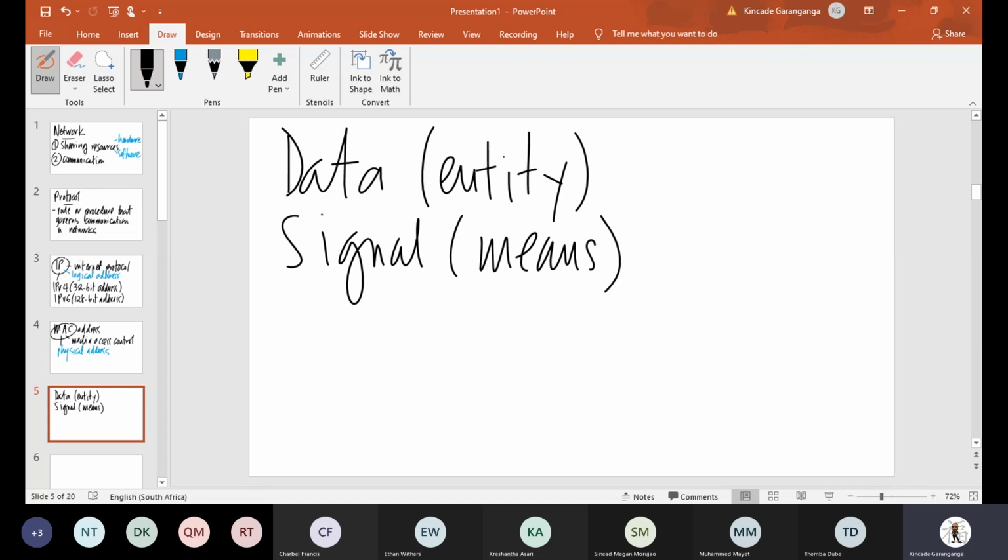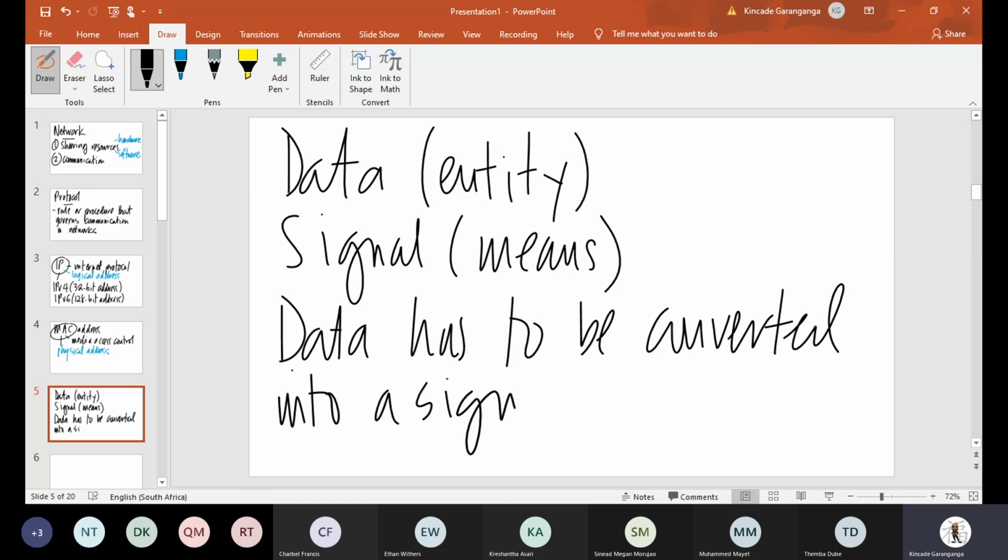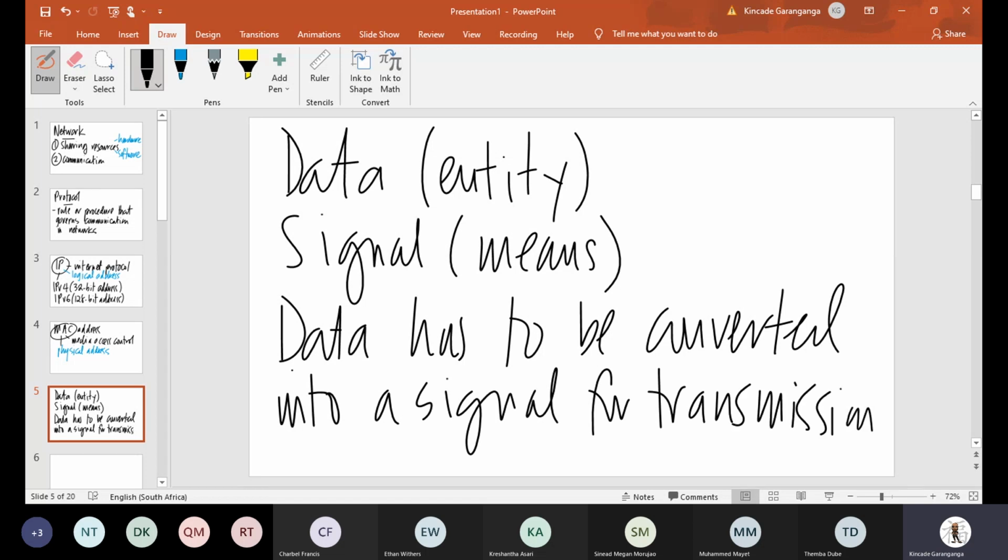And then obviously at the receiving end, the reverse is true. So ultimately, data has to be converted into a signal for transmission, right? So this is very important for you to distinctively remember. So data has to be converted into a signal for transmission.